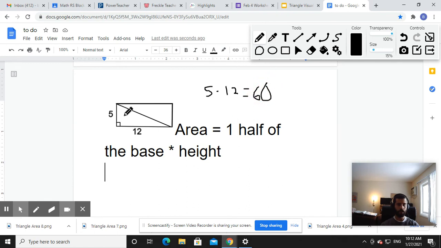But this part is imagined. We're just imagining that it's a rectangle. It's not really a rectangle. So this part, we don't need to count this part, and that part is exactly half of it. So if we take away half, then we get 60 divided by 2 is 30 square units.